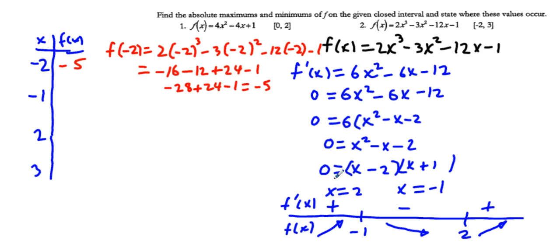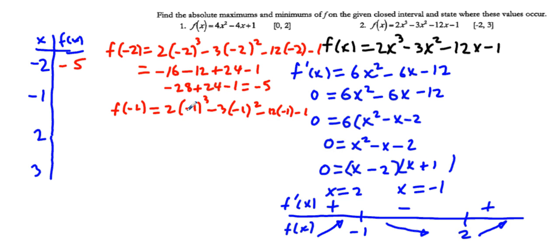Next, we go to -1. F of -1 equals 2 times -1 cubed minus 3 times -1 squared minus 12 times -1 minus 1.